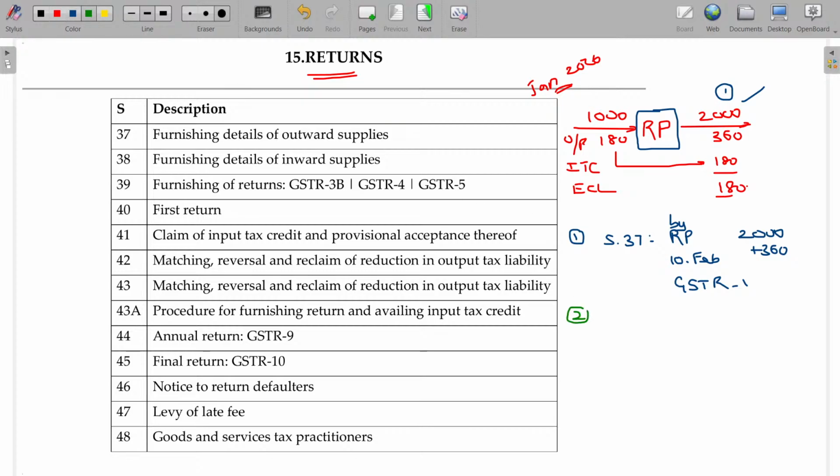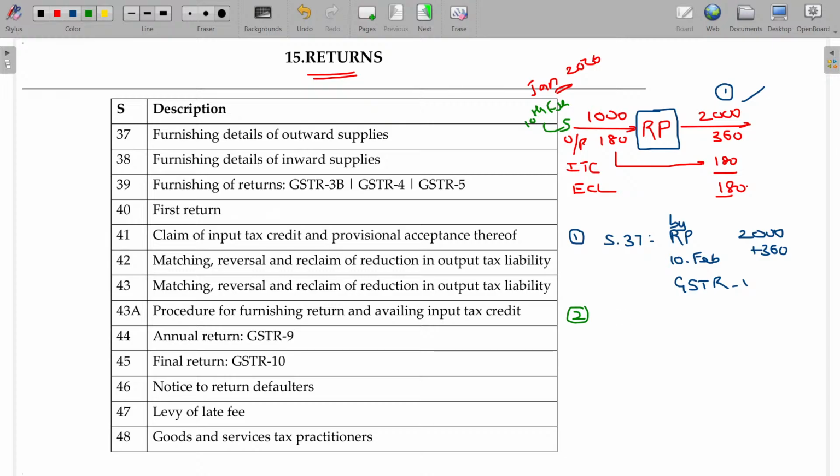Second work. What about this one, sir? He is going to verify. This one is updated by his own supplier, right? His supplier could have uploaded it by 10th February.